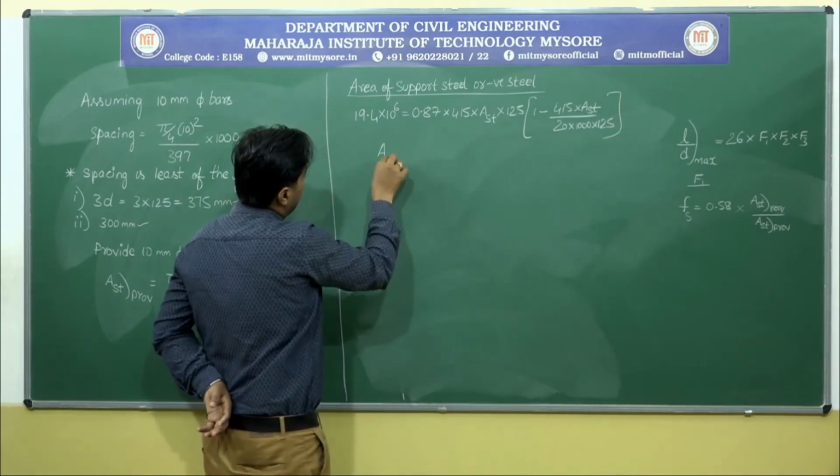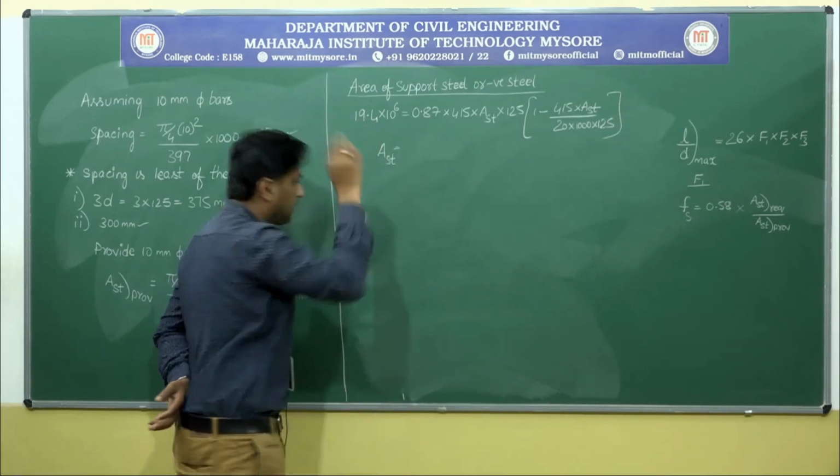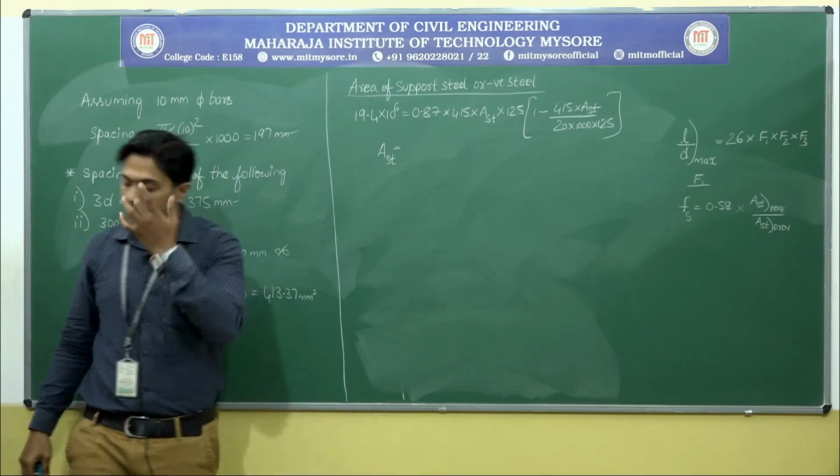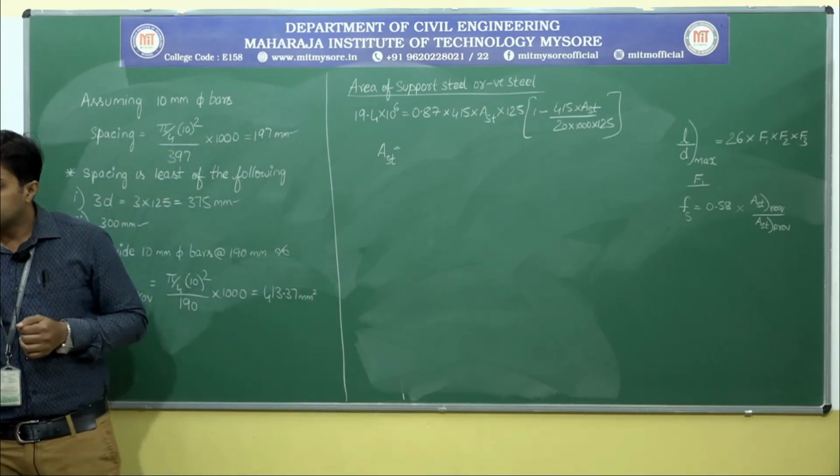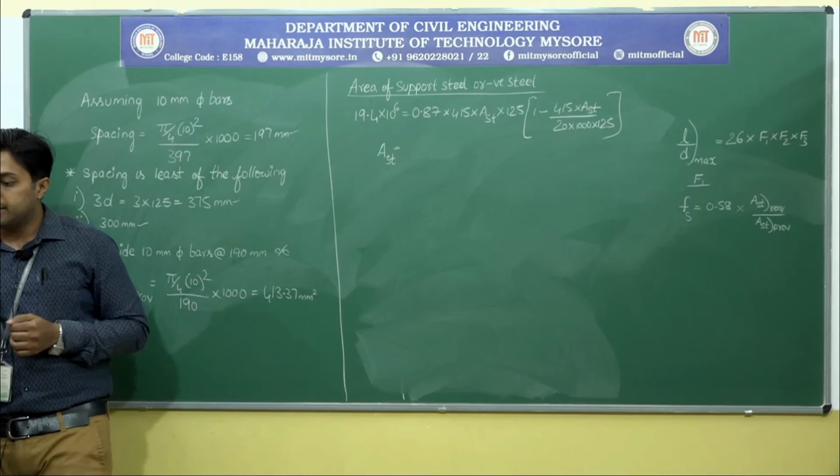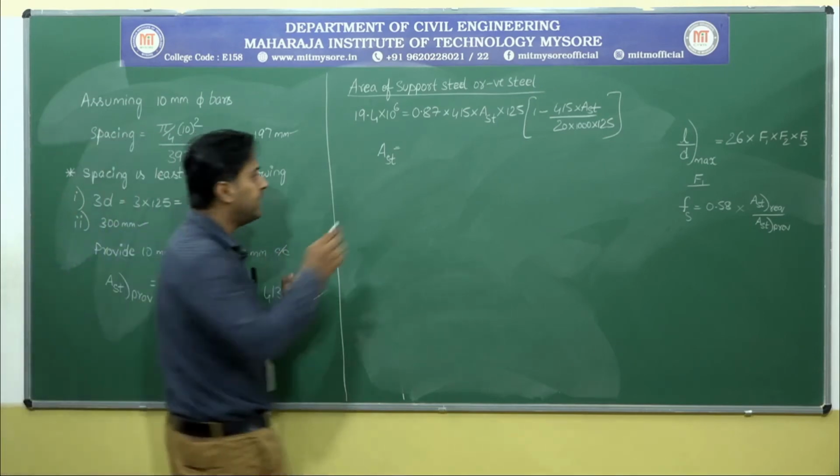Now let me calculate the value of Ast. What is the value of Ast? The value of Ast that we are getting here is 465.3 mm square.